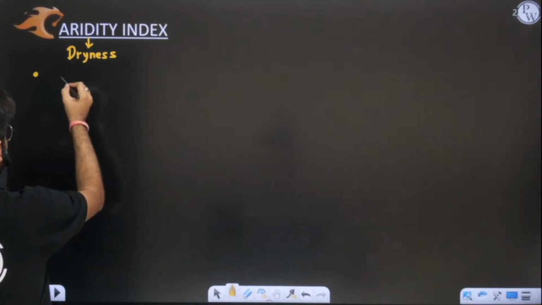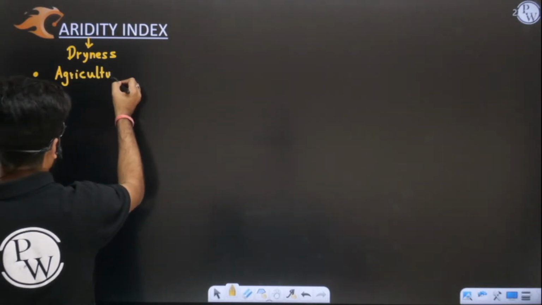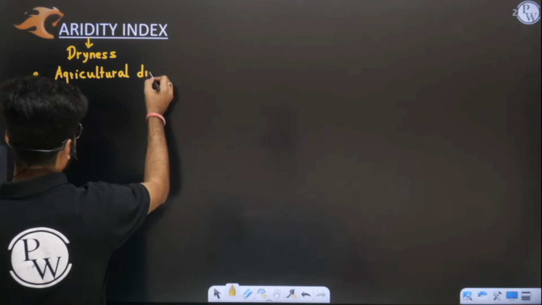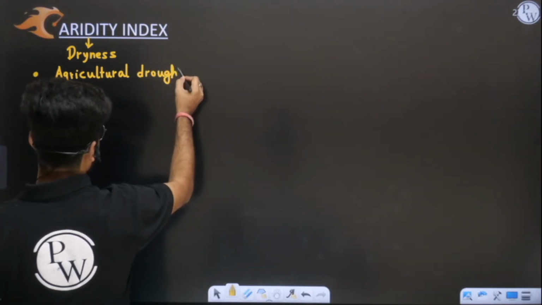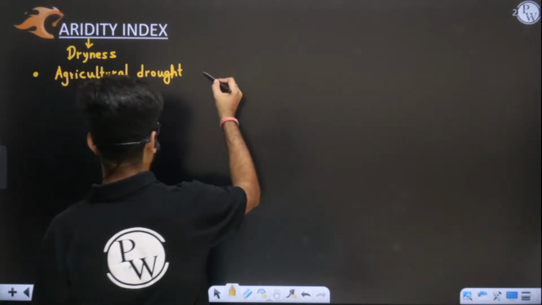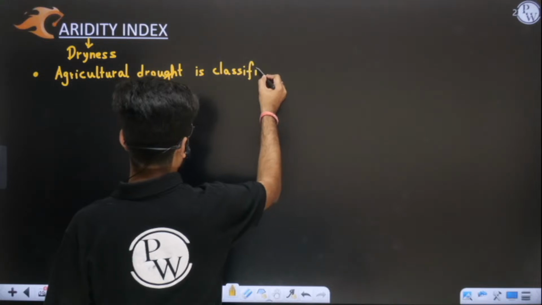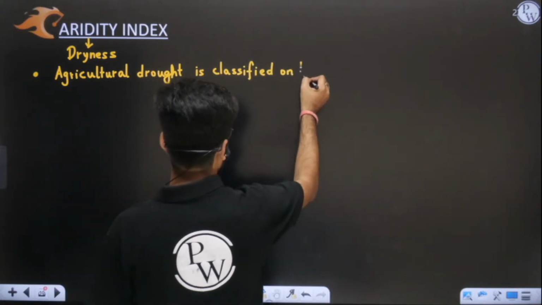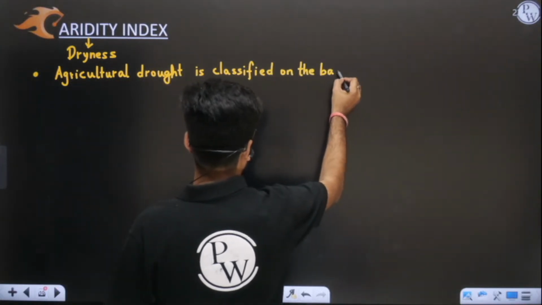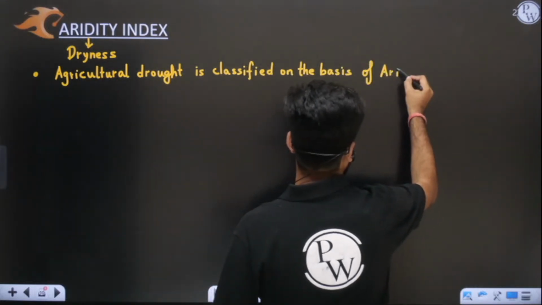And agricultural drought is classified on the basis of the aridity index.